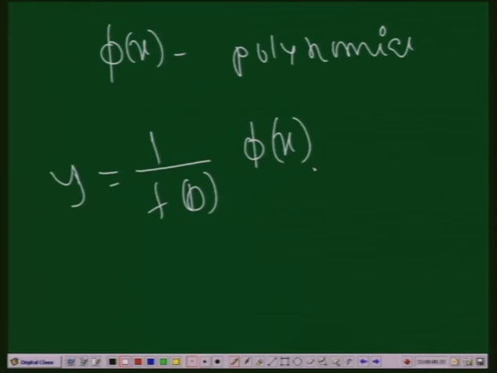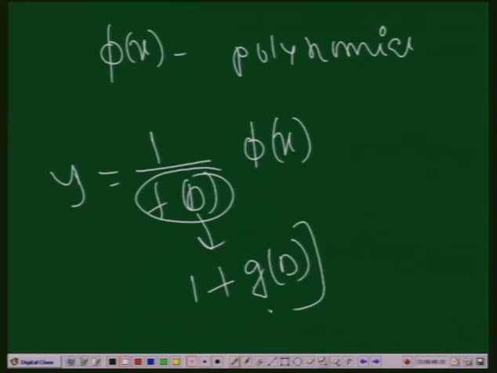As you know, you have to write f of d as 1 plus some function, let it be some g of d, 1 plus x, and then take it to the numerator. So, y becomes 1 plus g of d the whole inverse operating on phi of x.